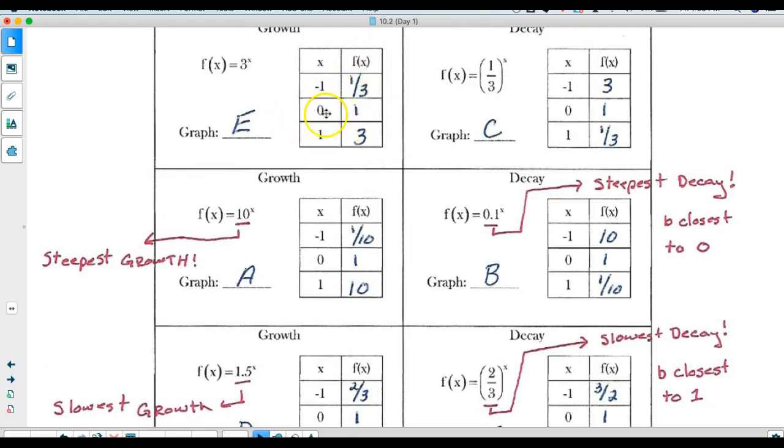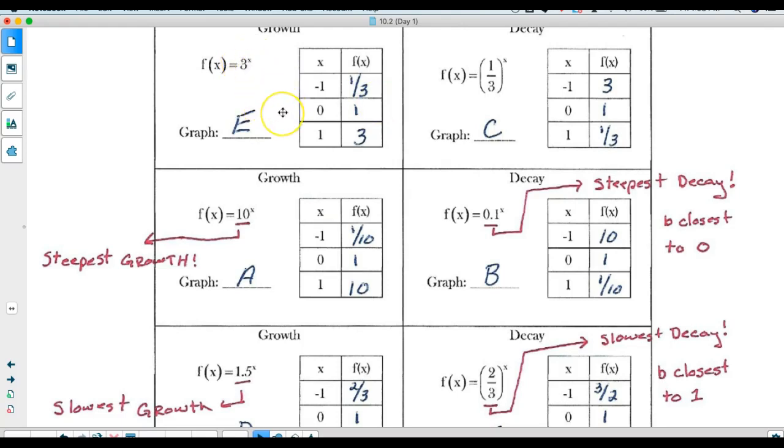I can plug these values into my equation to fill out this t-chart. And no, we do not need a calculator to do that, because when I plug in -1, 3 raised to the -1 power, that negative exponent turns it into 1/3 to the positive first power, which is a third. So that negative exponent just flips whatever it is over.